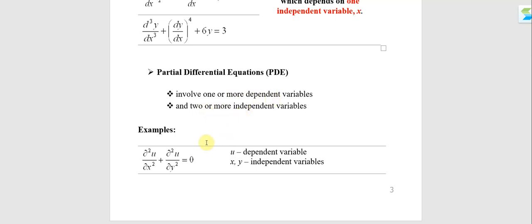So, for example, let's say you have dependent variables y and z, and independent variables maybe u and w.